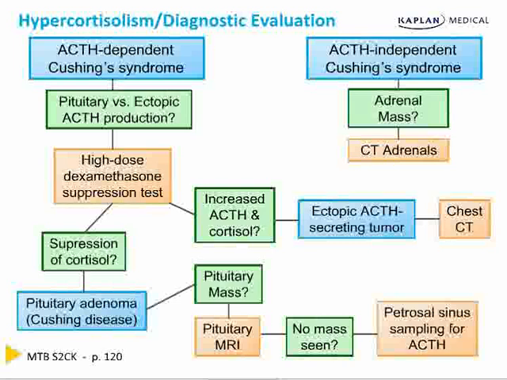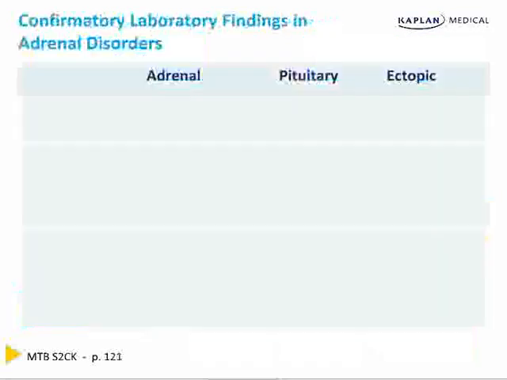Go looking for them inside the chest with a CT. Pituitary lesions will suppress. So if you suppress them, but you still can't find the thing on a pituitary MRI, you've got to actually put a catheter up there into the petrosal sinus, which is the venous sinus that drains the pituitary, and find the high ACTH level, which confirms it's an ACTH-producing pituitary adenoma.